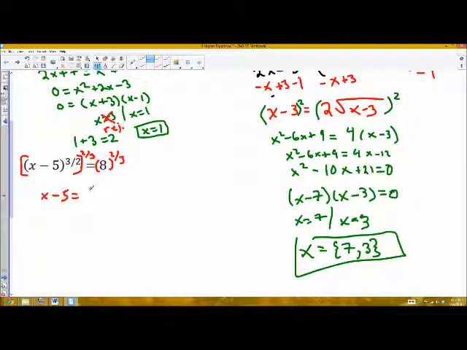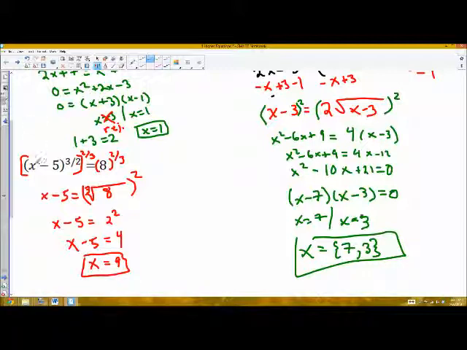So I'll actually write it out. This is the cube root of 8 raised to the 2nd power, using that rational exponent property. Well, the cube root of 8 is just 2, so this is equal to 2 squared, and 2 squared is just 4. So x minus 5 equals 4. Add 5 to both sides, and it turns out x equals 9.